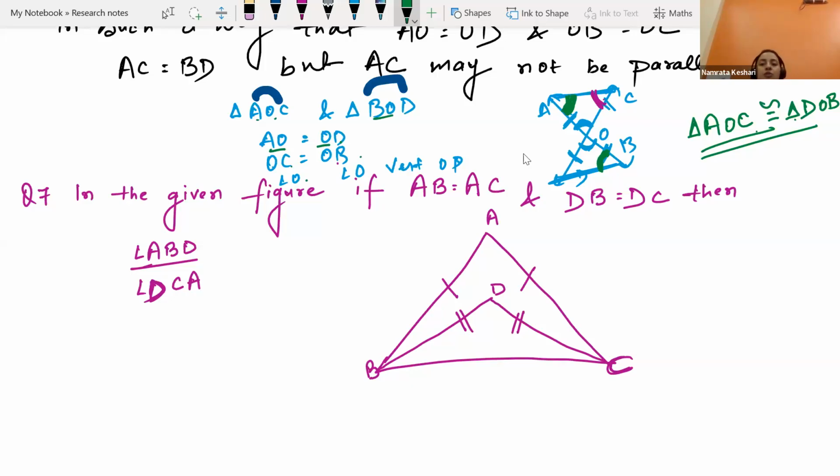Okay, so let me mark angle A from here is equal to angle D from here, not B, D. And angles B and C are equal. So yes, these two lines are not parallel with each other, because angle A and angle D are the same.